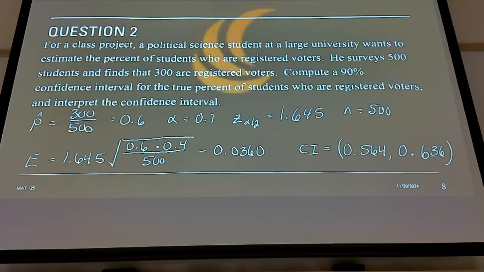And remember, for your critical value, you want to find the z value such that alpha over 2 is the area to the right. So in this case, alpha is 0.1, so alpha over 2 would be 0.05. You want the z-score that has an area of 0.05 to the right of it.